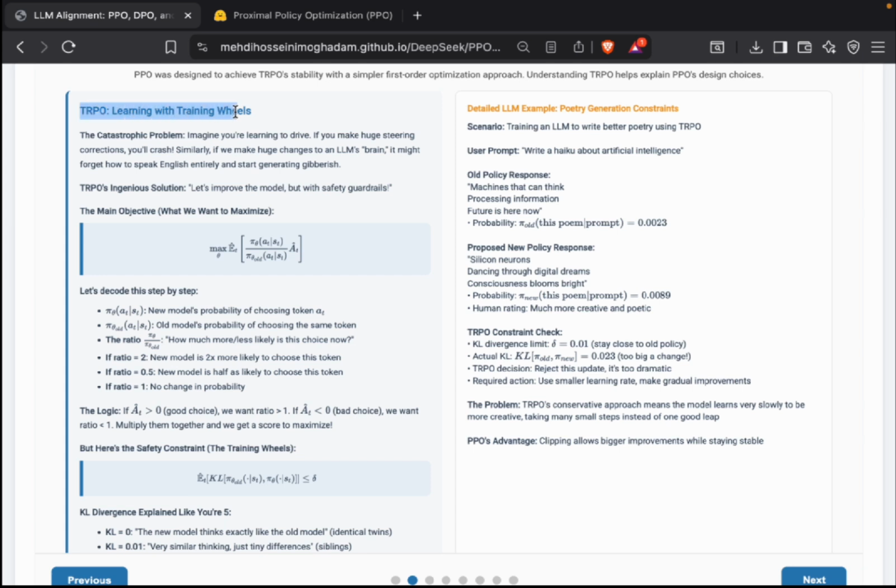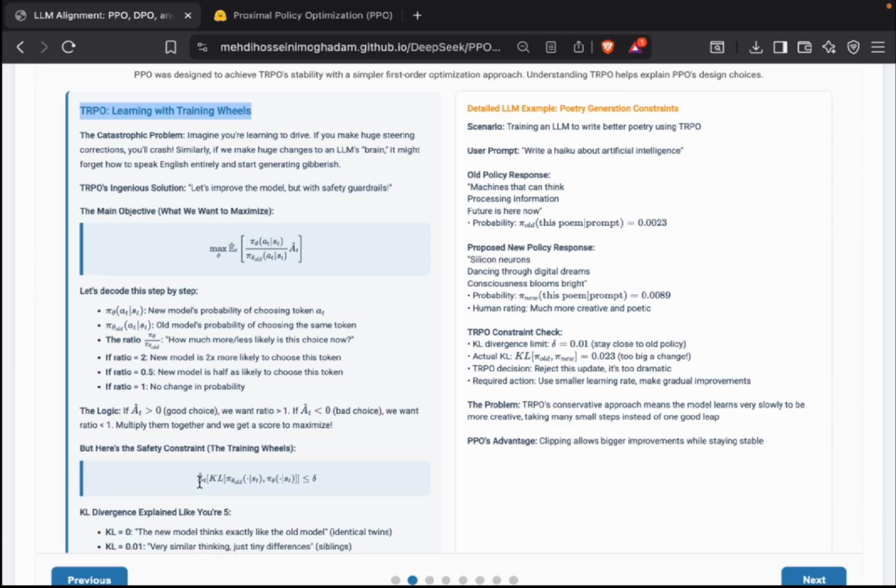Remember that we have the ratio, and we say that if we have this specific constraint, do not diverge too much from the base model. But imagine we have an example where the model tries to learn something new, to align itself in a specific way, and that learning is important.